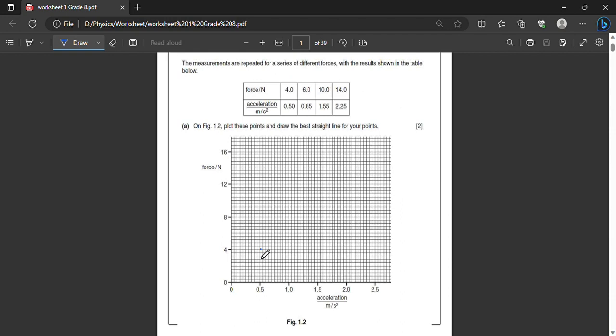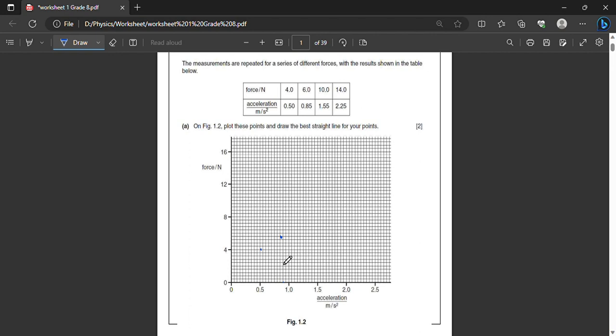Then the next point they said is 6 newtons and 0.85. So 6 newtons is somewhere over here, and 0.85 will be close to 1. So let's estimate the point to be here.